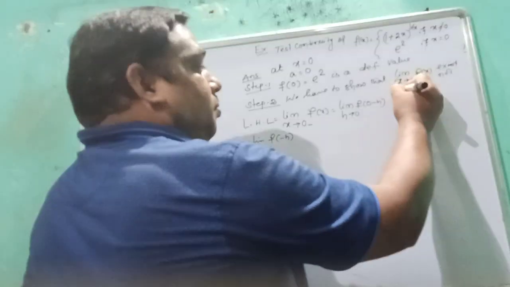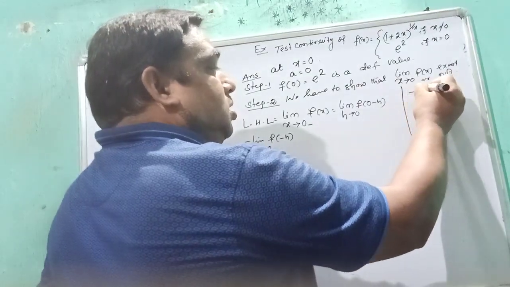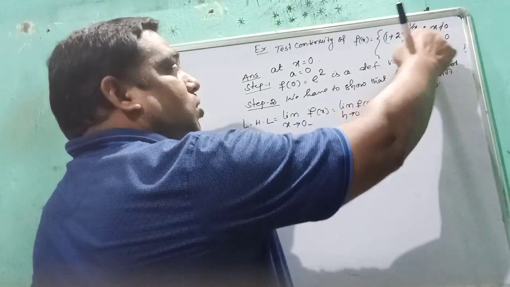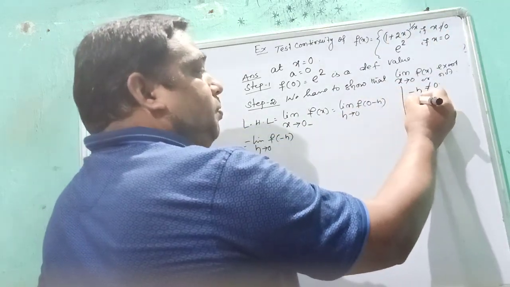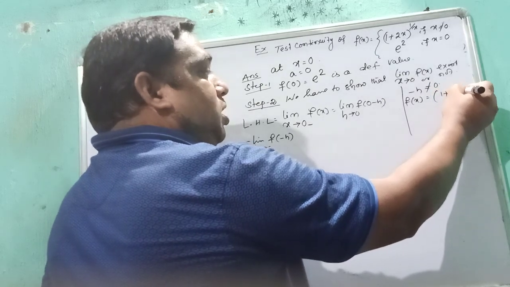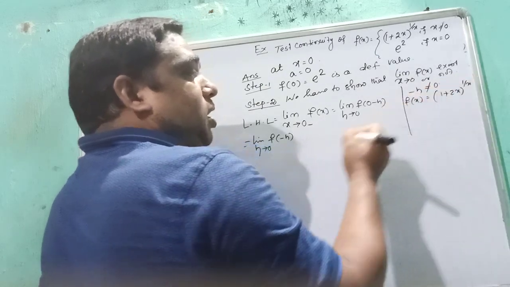Already you know that minus h is not equal to 0. Since minus h is not equal to 0, what is the value of f(x) here? f(x) is equal to (1 plus 2x) to the power 1 by x.